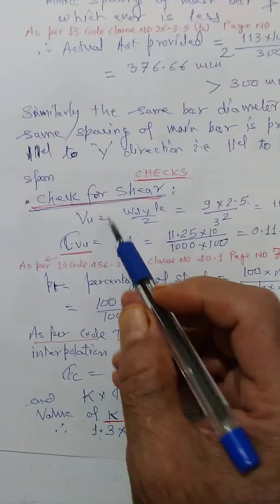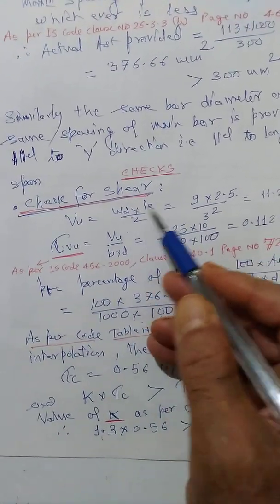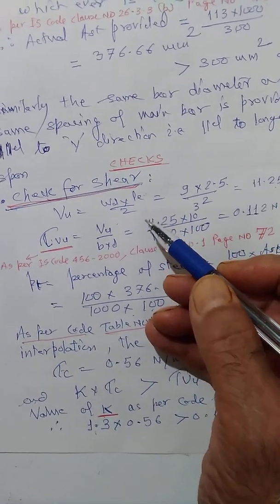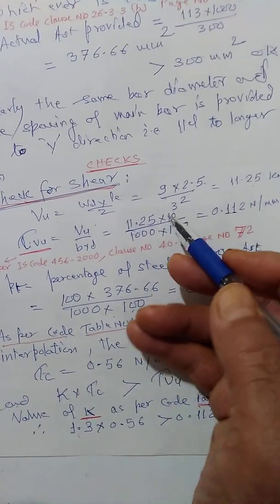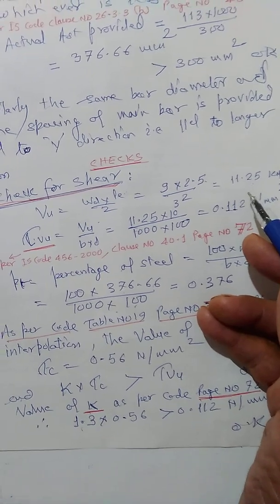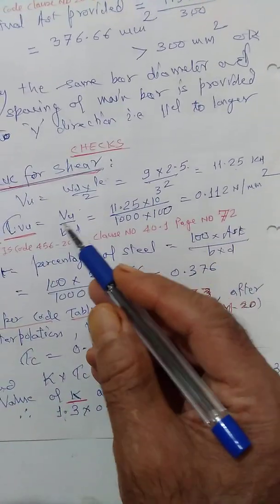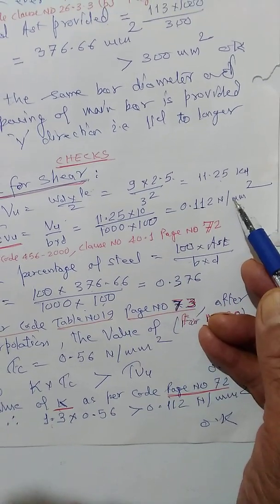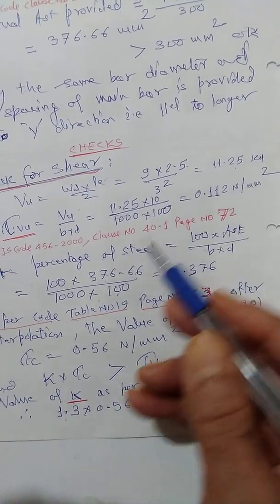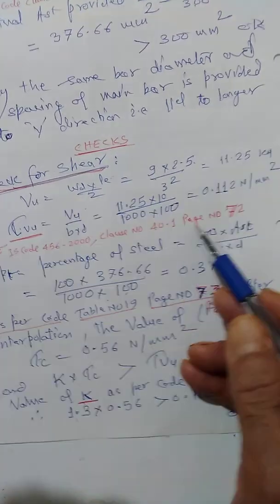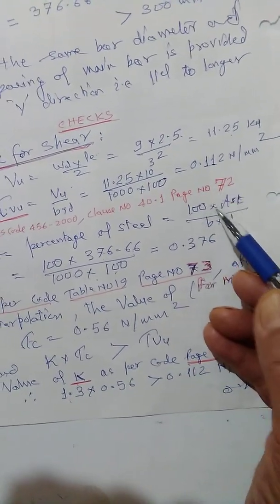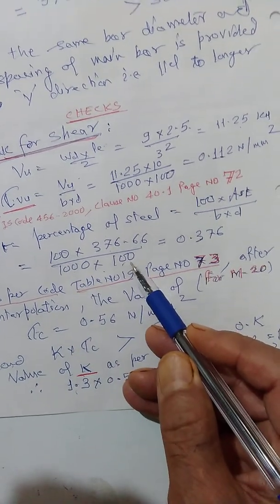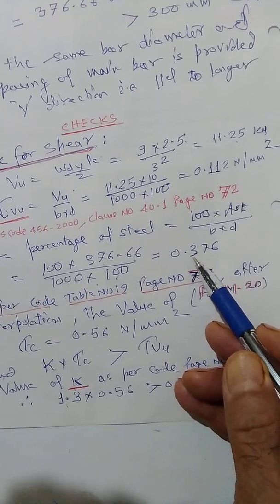When we apply the checks, first of all, check for shear. Vu is WD Le, where Le here is nothing but Lx. WD Lx by 2 is 11.25 kilonewton. Tau v is Vu upon BD, which comes out to be 0.112 Newton per mm square. Pt is 100 Ast upon BD, where Ast is 376, B is 1000, and D effective is 100.76.